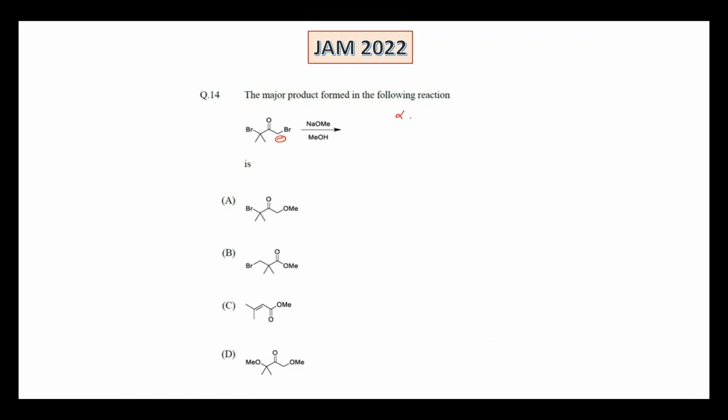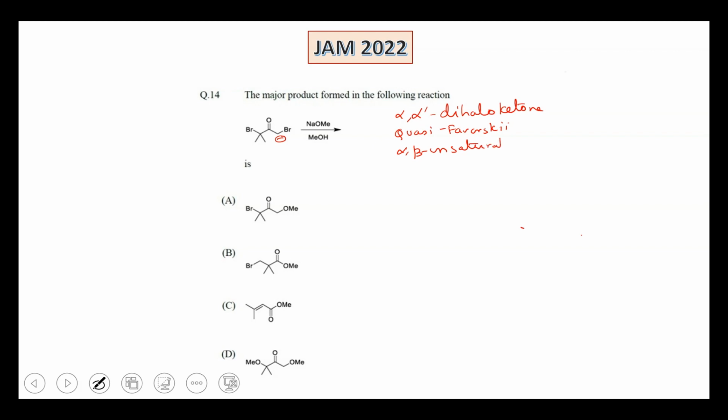It is an alpha alpha prime dihaloketone. So this rearrangement corresponds to quasi Favorskii, and we know that in quasi Favorskii we'll be getting alpha beta unsaturated ester.